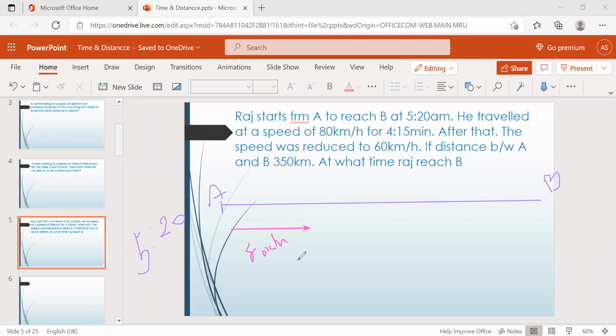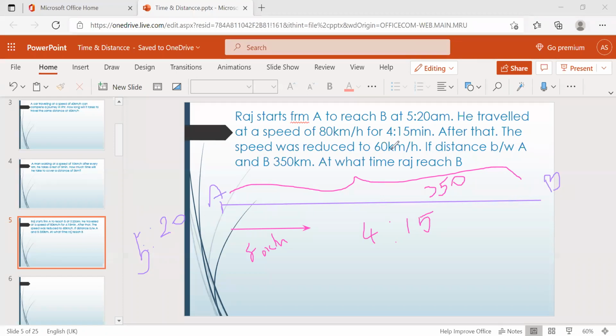How much time did he travel? 4 hours 15 minutes he traveled like this. And what's the distance between these two? They've already given it: 350. Now, after 4 hours 15 minutes, he reduces his speed to 60 kilometers per hour. That means previously it is 80.